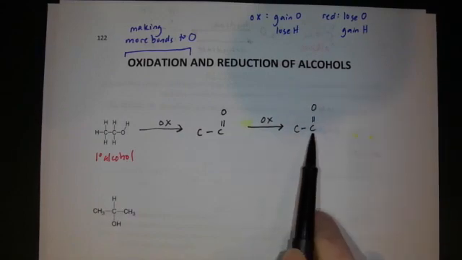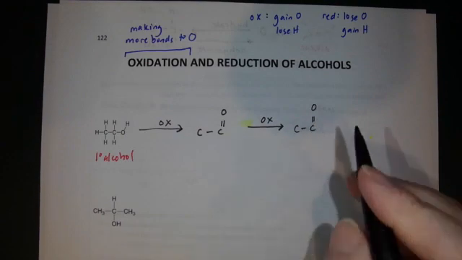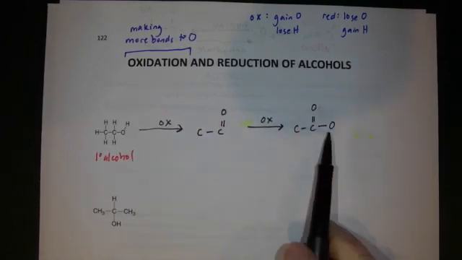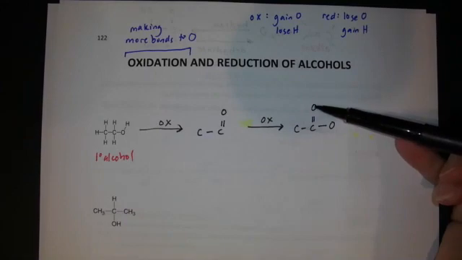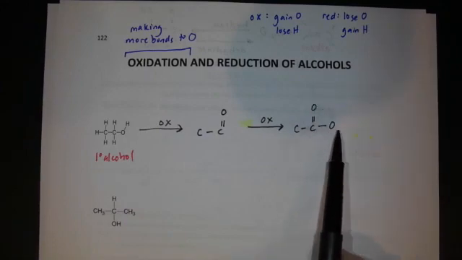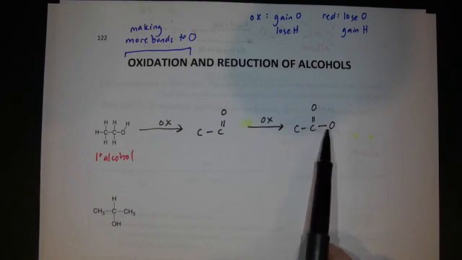Look at the carbon that has oxygen bonded to it already and ask yourself, is there room on that carbon for more bonds to O? 1, 2, 3. Yes, there's room for 1 more. And so 1 more bond would look like this. You know that oxygen cannot make a triple bond, so we cannot put a triple bond there. We have to start a new bond. So 3 bonds to oxygen always looks like this.